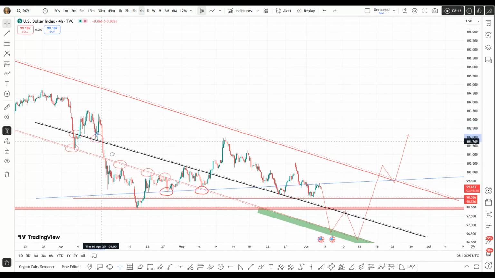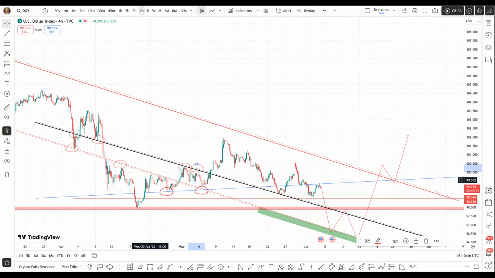Retest of a broken supply roof becomes a demand floor and a possible break of structure. Break of a demand floor, price came here and retested, and also retested it again. Break of a supply roof, price returns here and retests.